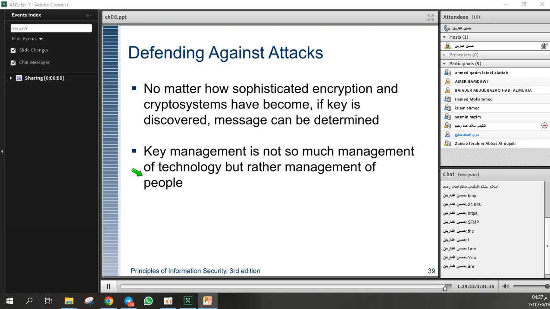It does not mean that you forget the people forever. No, I don't say this. Okay? It means that you should put more effort into key management, because if you lose the keys, you lose your secure channel.